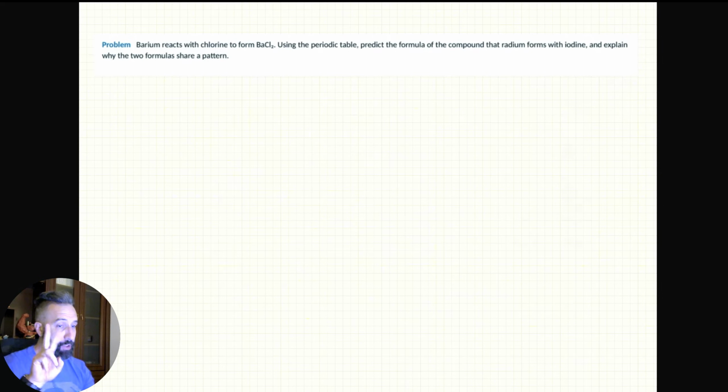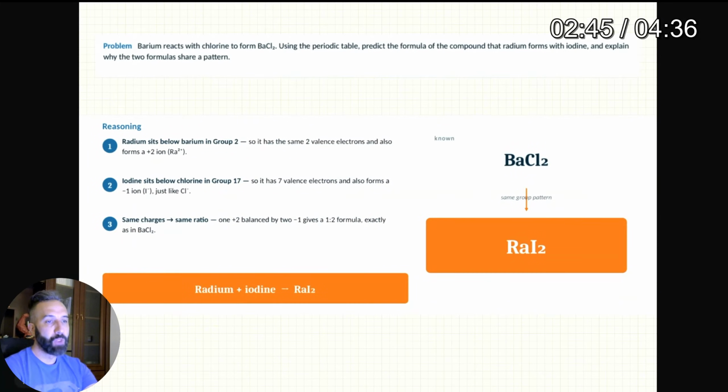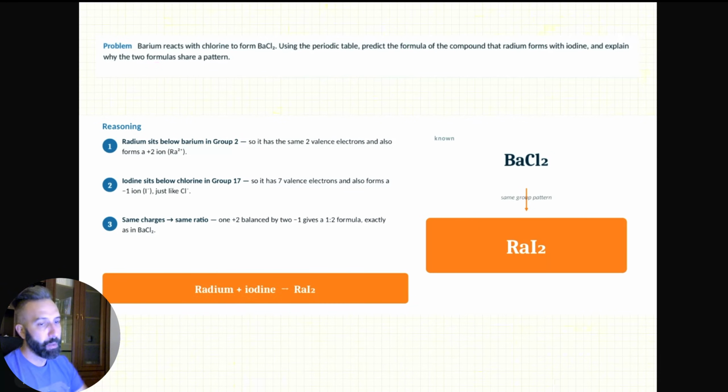Barium. Barium is group 2. It reacts with chlorine to form BaCl2. Okay, using the periodic table, predict the formula of the compound that radium forms with iodine and explain why the two formulas share a pattern. So right now I need to look at where radium is, and I don't want to switch to the periodic table to confuse you, but radium is also group 2.